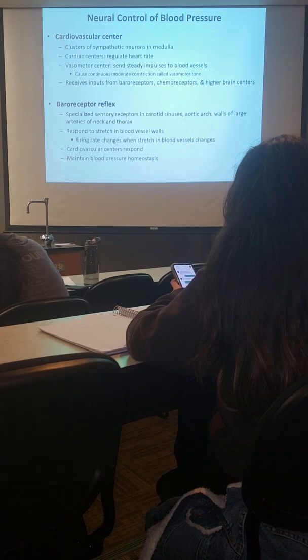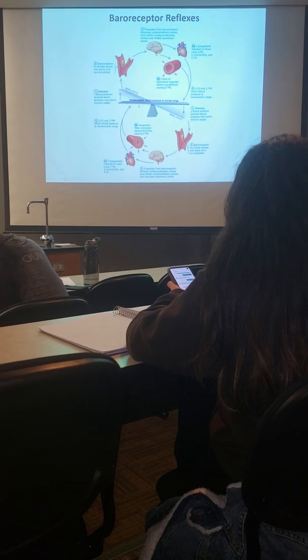So this is for immediate control of blood pressure, especially when you are changing body position, right? So the receptors in your body, especially in what we call the baroreceptor or the carotid sinus right here. So this right here is your heart.